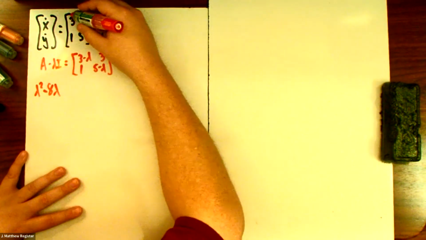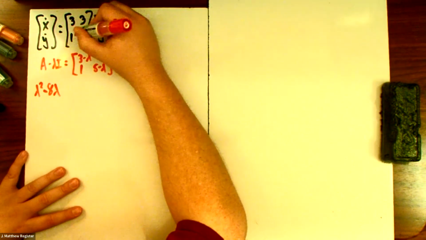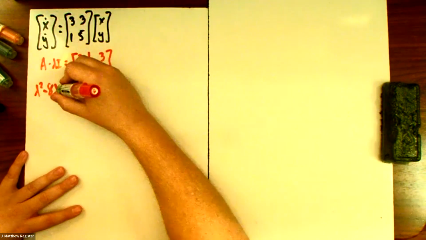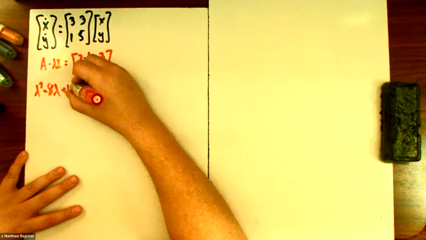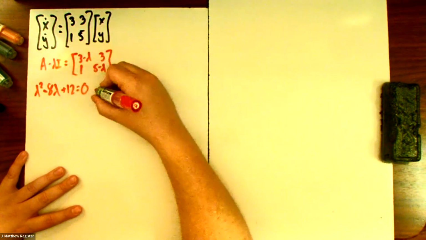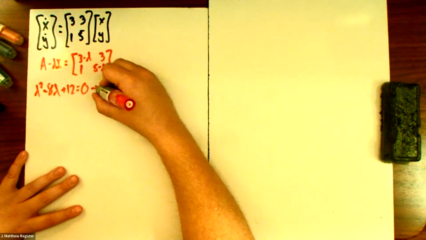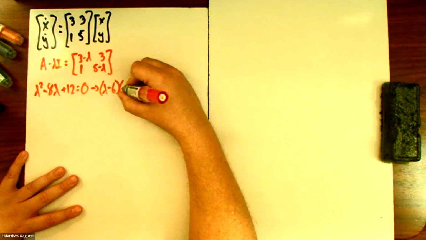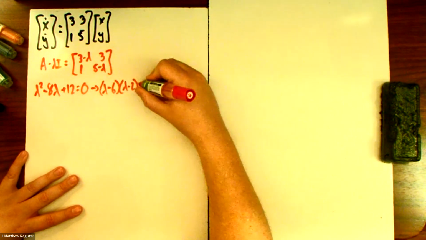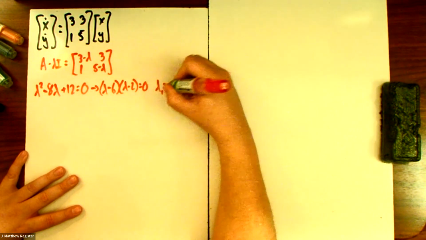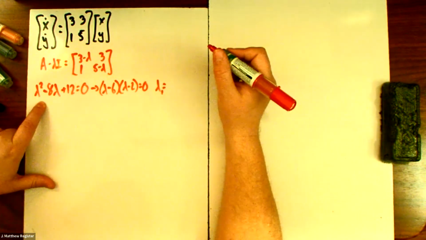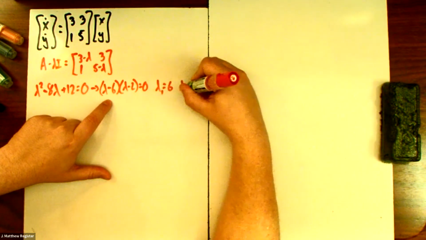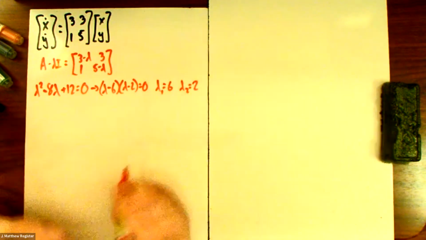The determinant in this case would be 15 minus 3, and so that's 12. Excellent. And so that factors nicely to be lambda minus 6 and lambda minus 2. So lambda 1 is equal to 6 and lambda 2 is equal to 2.